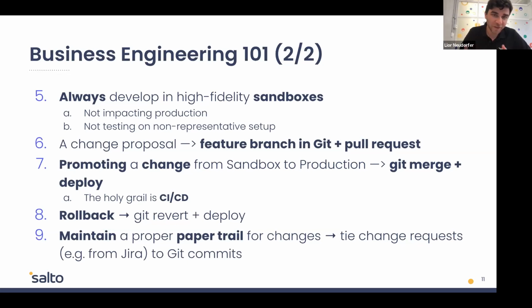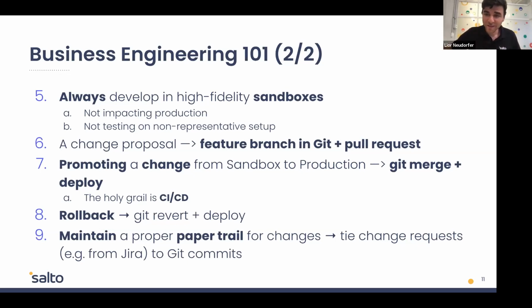They open a feature branch, they do all the changes there, and once they're done, they submit a pull request, somebody else reviews it, and then finally, once it's approved, you take this feature branch, you merge it to your main branch, which is production, and in our case, you deploy that change to production. So really apply all these software development concepts to your Jira administration. This is how we think things should be done.